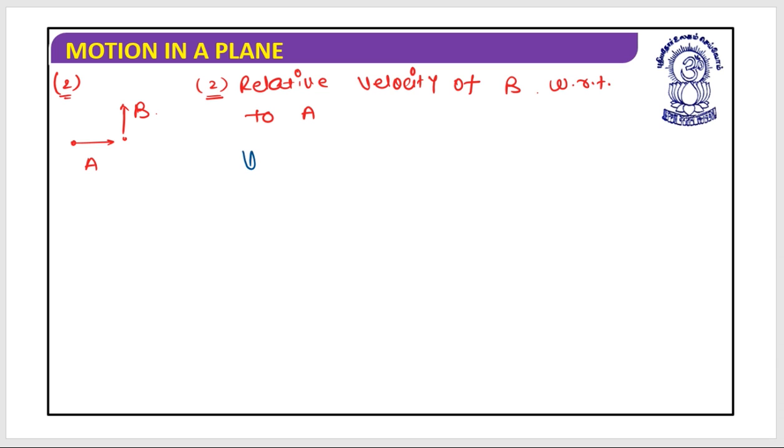That means what do I require? I require VB minus VA. That means ultimately what I get? It's VB plus minus of VA. If I can find it, our task would be done. It's VB minus VA.